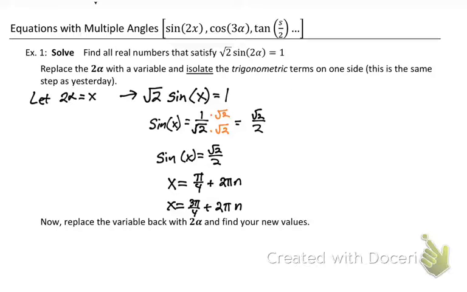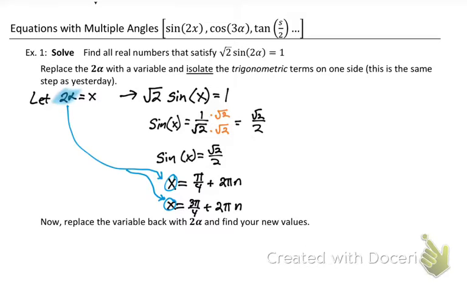So once again, my advice to you is forget about stuff inside of here. We're going to bring it back in a second, but you have to forget about it to treat it like it's normal. Now we have to realize that I never had x to begin with. I had 2 alpha. So you are now going to take that 2 alpha and throw it back in for that x and that x.